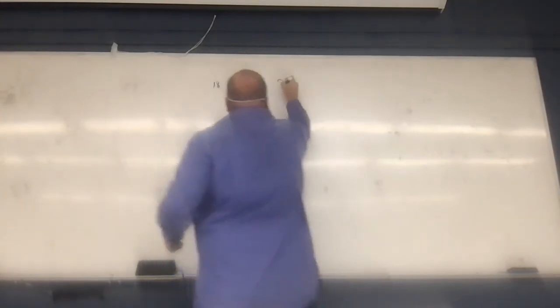So we're starting with chapter 18. And chapter 18 is on comparing 2 proportions.